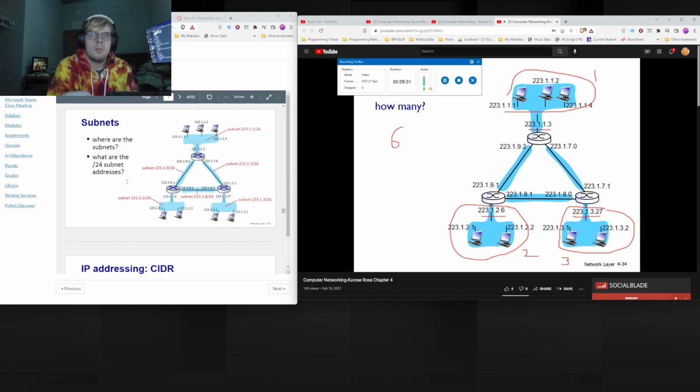Now if you carefully look at the router, this router has three other addresses also. This has one address over here, one here, here and here. So that means it can create one more subnet over here, at this interface.